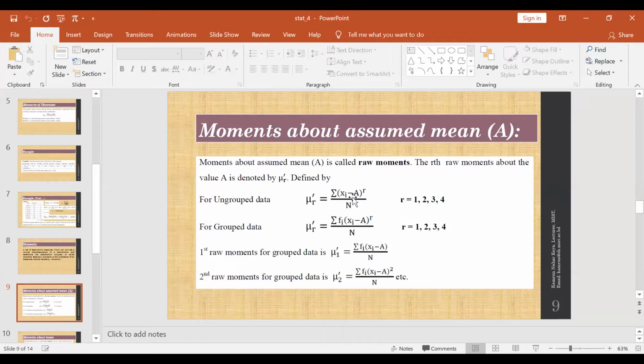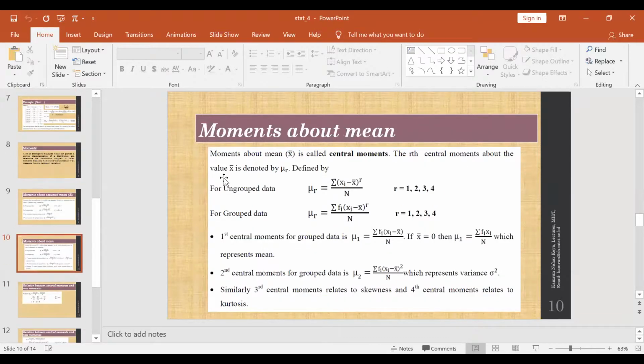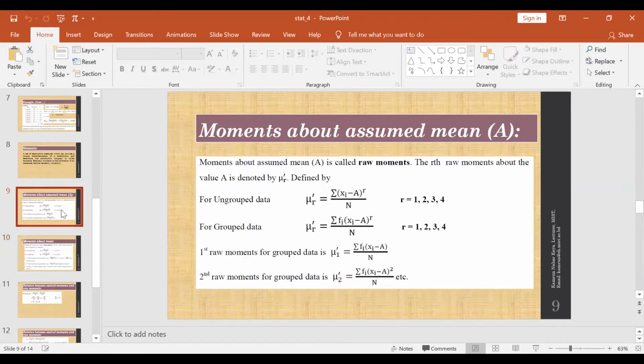If we use that arithmetic mean in the formula, that gives our central moments. Central moments are used for presenting mean, variance, skewness, etc. And we can always find the mean, but if we are not so clear about the data, in that case we can use an assumed mean.